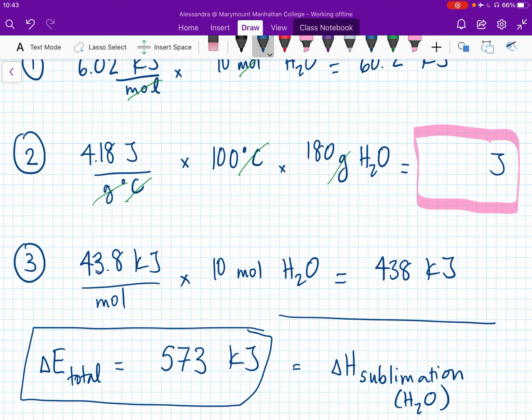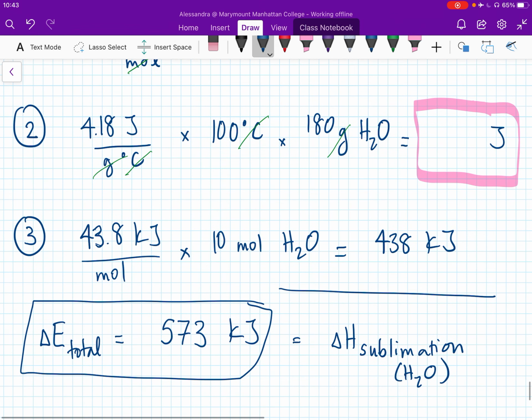So we broke that down into a stepwise process, but overall, the delta H or the delta E of that process is going to be referring to the change in energy required to sublimate that amount of water. Okay, so this is not the molar heat of sublimation. This is the heat of sublimation for the amount that we were talking about. All right, so I hope you can pause, go through, make sure you can do the math in that problem and everything, and that the arithmetic makes sense.